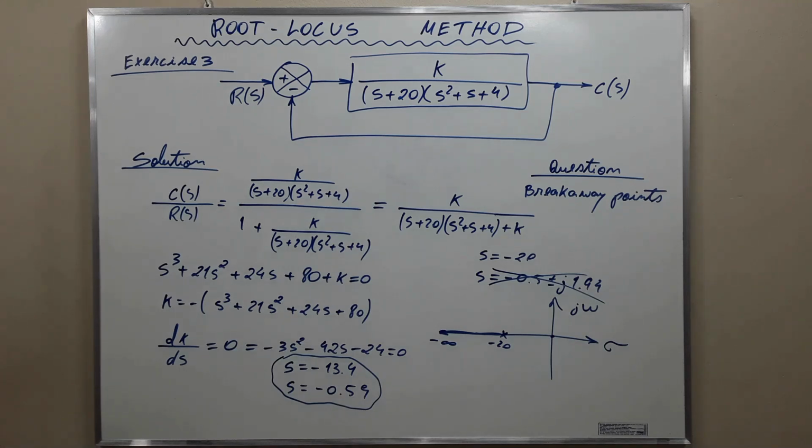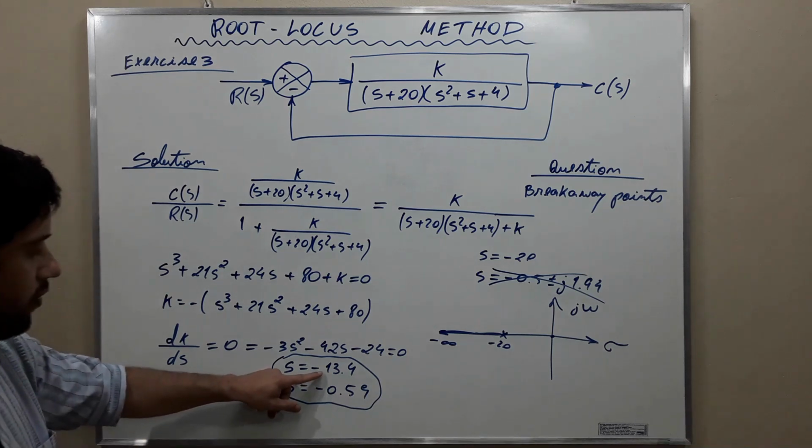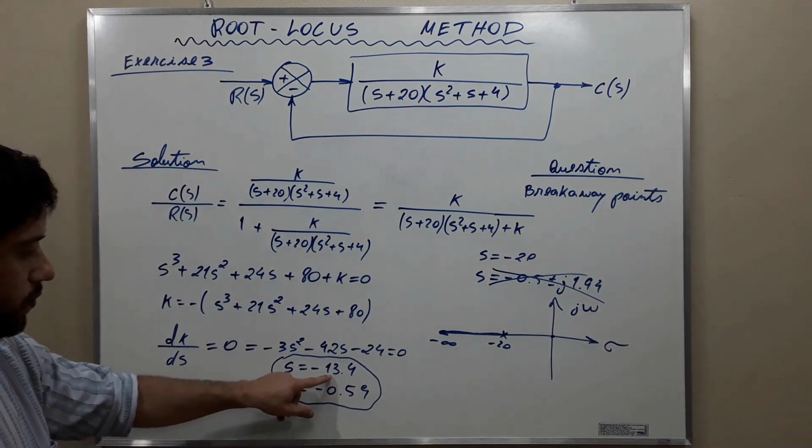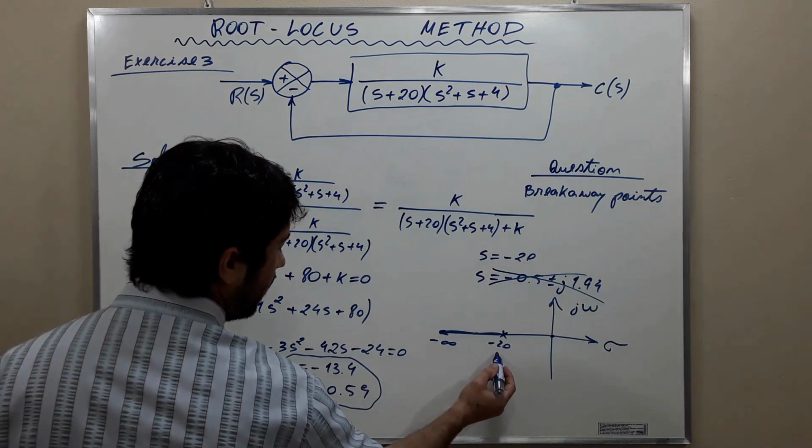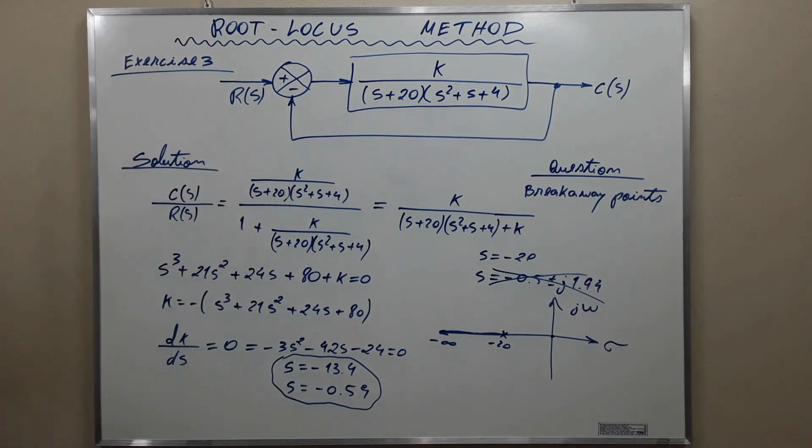Since these values, minus 13.4 and minus 0.59, do not belong to the portion from minus 20 to minus infinity, we understand that they don't belong to the root locus. They are not, therefore, breakaway points. Okay?